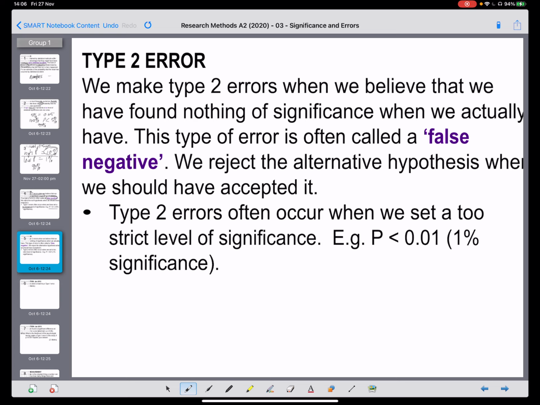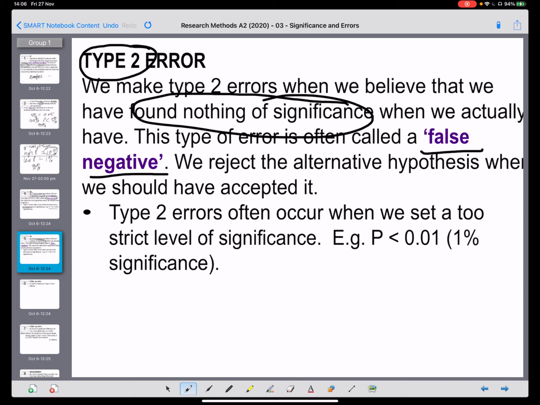So if type 1 errors were because I was too lenient, we could completely go the opposite way and therefore make a type 2 error. This is where we're being too strict, and this is called a false negative. In other words, negative means that I've found no significance.